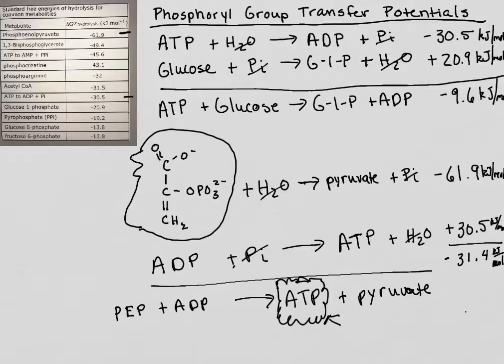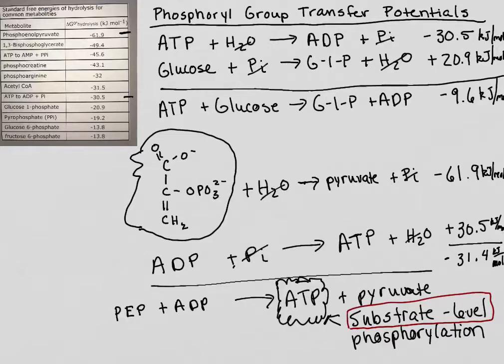So when ATP is made this way, we call it substrate level phosphorylation. Now, really, I should have just written that in bright red. I'll just put a big red box around it, because substrate level phosphorylation is a very important term if we're going to understand all of the nuances of metabolism and to recognize the places in our catabolic pathways in which ATP is generated via substrate level phosphorylation.